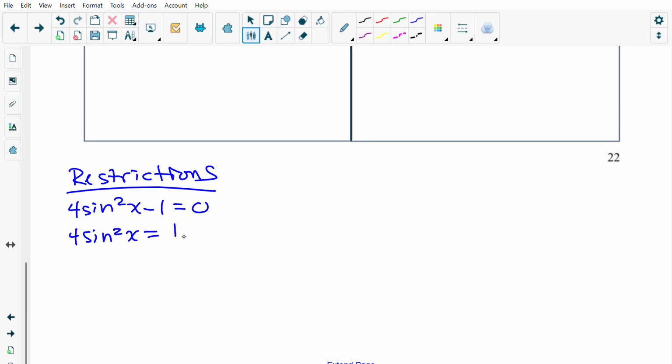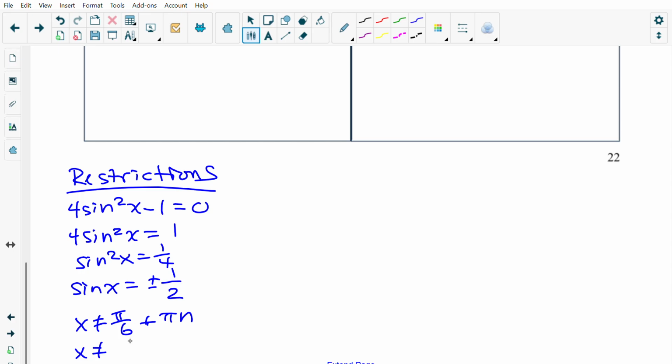So if I solve for this, 4 sine squared of x equals 1, sine squared of x equals 1/4, sine of x equals plus or minus 1/2. Whereas the x value that makes sine of x equals plus or minus 1/2, well, that is x cannot equal pi over 6 plus pi n, and x cannot equal 5 pi over 6 plus pi n. Okay, so that's one set of restrictions.